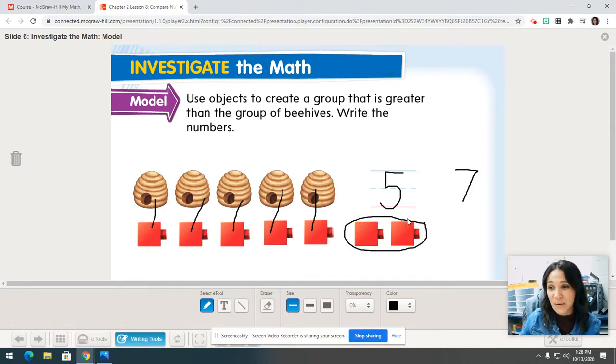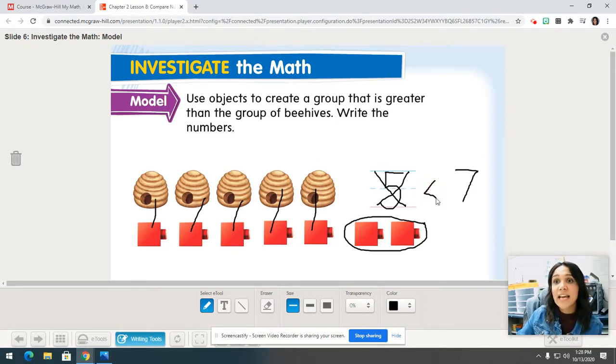It's bigger than. We have 2 extra red cubes. So that tells me that 5 is less than 7. I'm going to draw an X on the number that is less than. Echo me. 5 is less than 7.